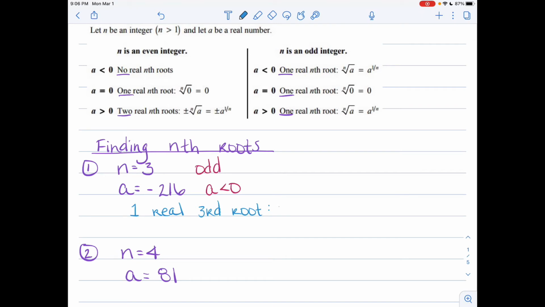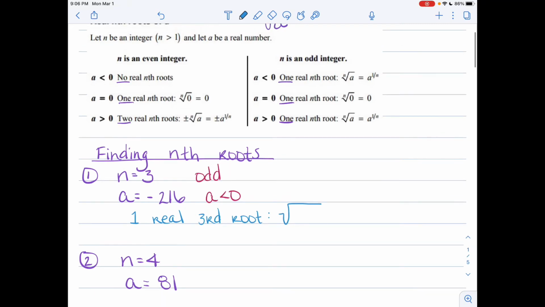And so if we write this in our root form, our radical form, we will put our n value here, 3, and we will say -216. So we need to ask ourselves, what could we multiply by itself 3 times to get negative 216? We know it's going to be a negative number, but what negative number? Let's take a look at the Desmos Scientific Calculator, and we'll use that to evaluate.